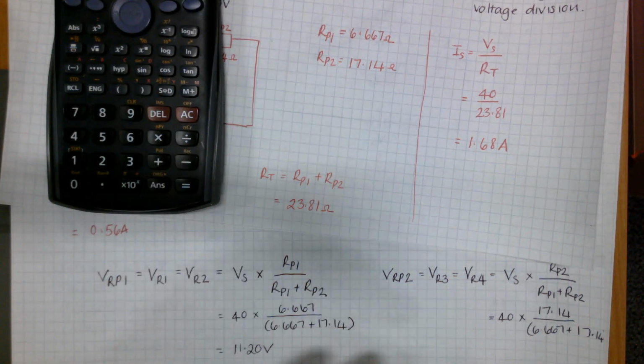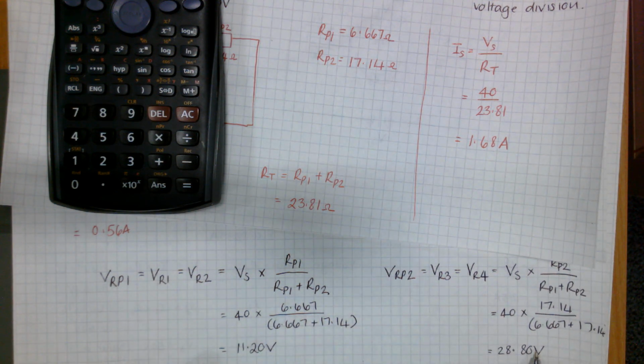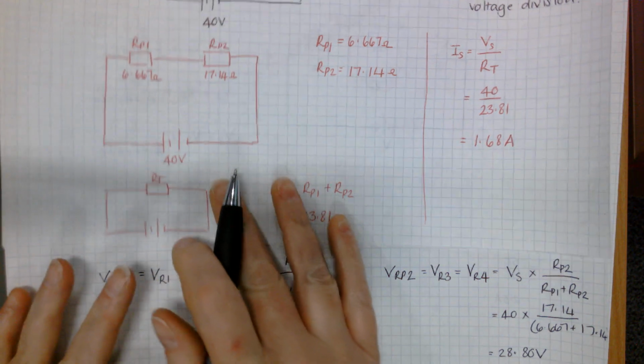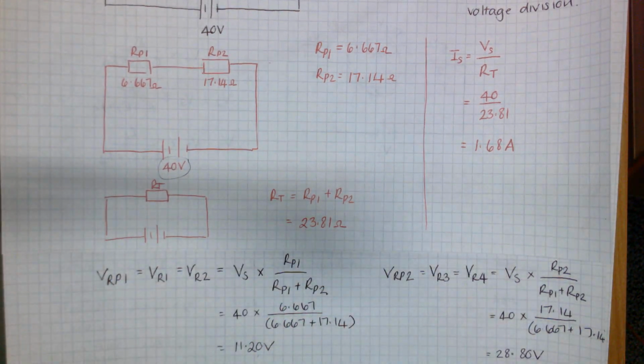And that gets you 28.80 rounded. So 28.80 plus 11.20 gets you 40. And 40 is your supply voltage from back here. So that is fine. That's it complete.